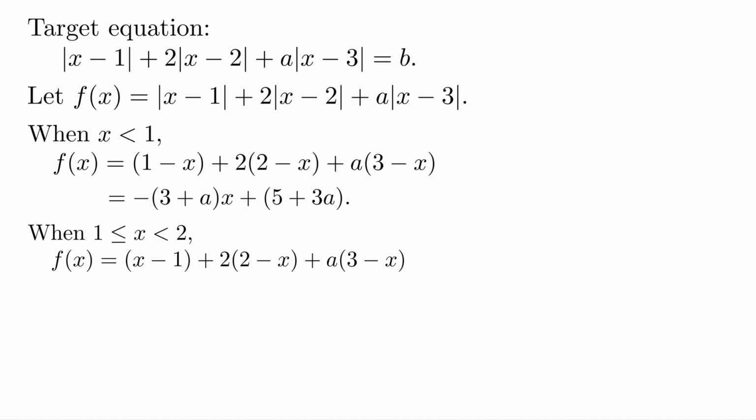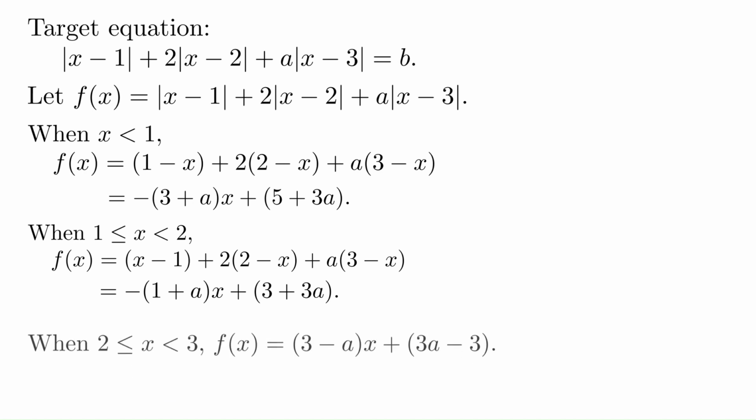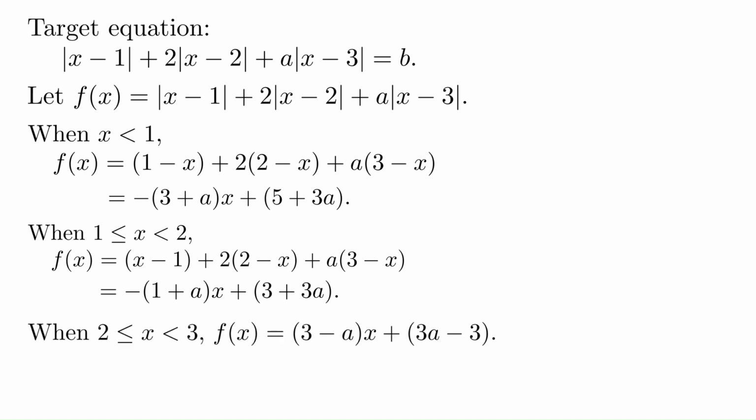Therefore, their absolute values should be x minus 1, 2 minus x, and 3 minus x respectively. Combining like terms, we get negative 1 plus a times x plus 3 plus 3a. Using similar techniques, we get another two pieces for x between 2 and 3 and for x greater than 3.